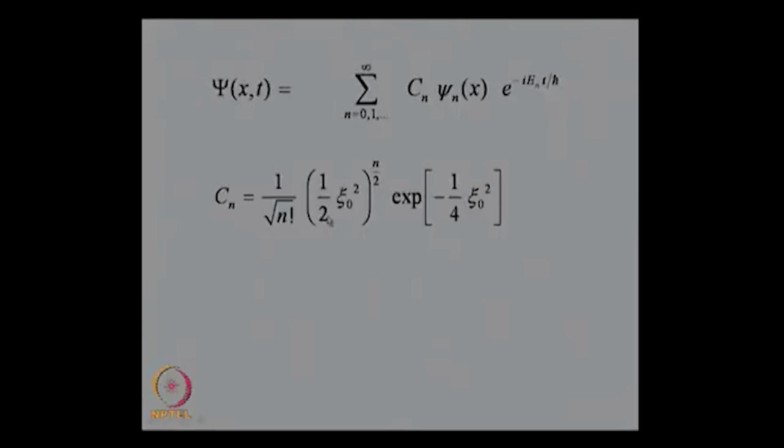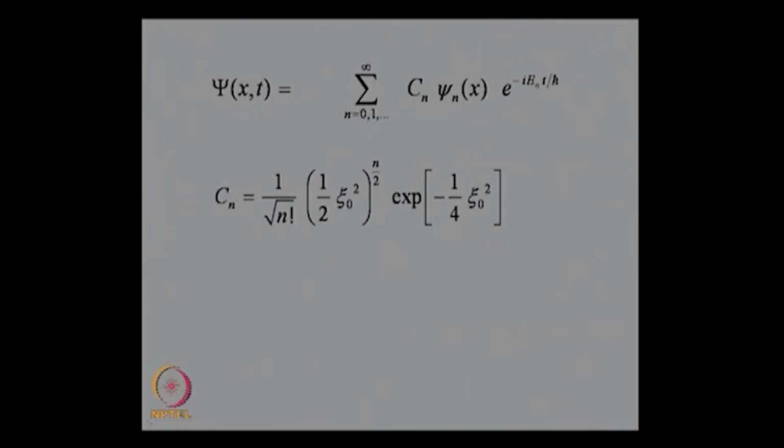Now, I go back to my coherent state and I say that let C of n be given by this. Only thing is I have to give a value of xi 0. Understand this.